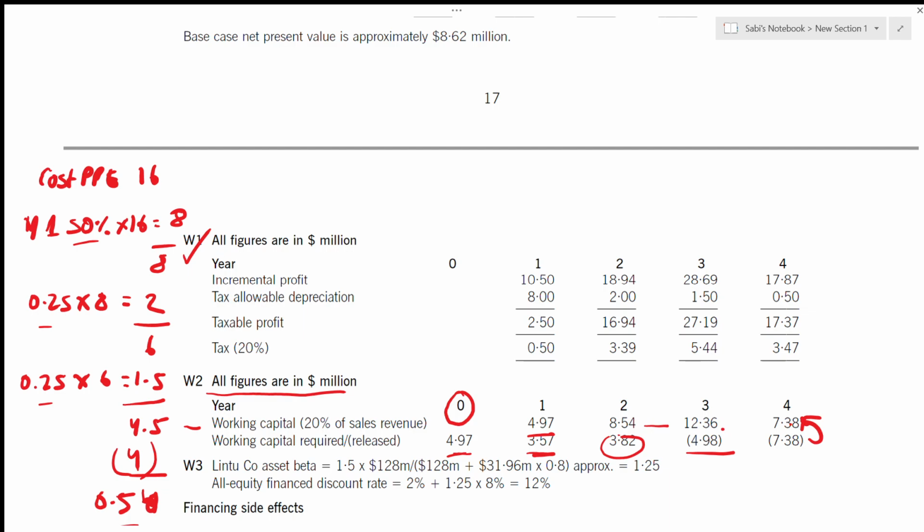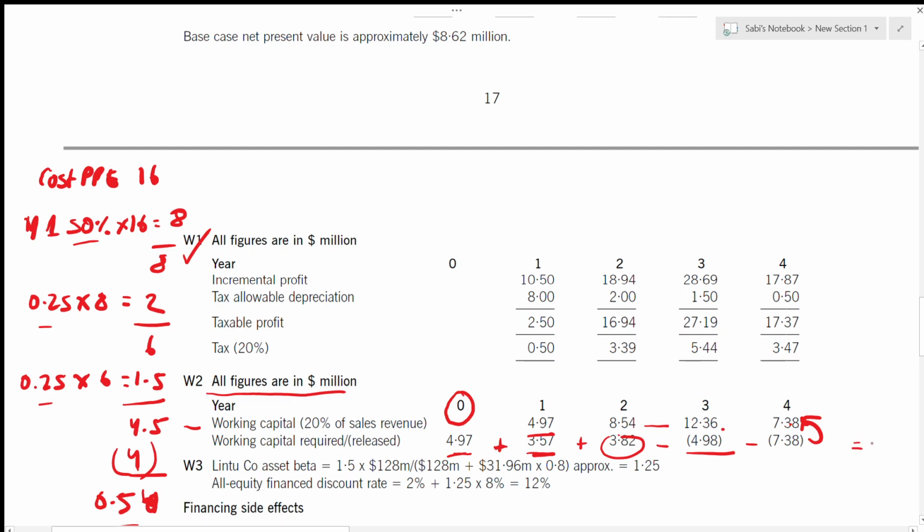And how do you know that your working capital required is correct or wrong? There's a way of checking it. Right? This is how you check whether your working capital required is correct or not. Starting from 0 onwards, add 4.97 plus, okay, add this, deduct this because it's a negative, and deduct this.